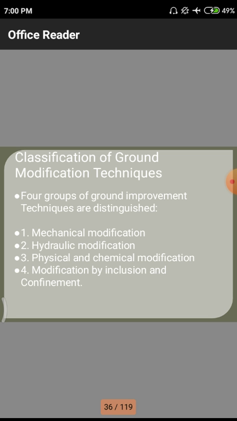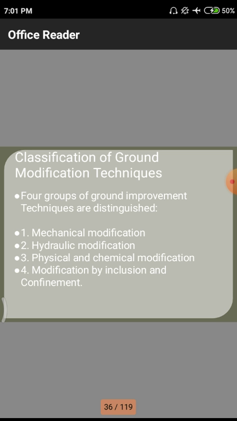We need the soil parameters near our projects, and after knowing them we need to apply modification techniques to improve our soil properties, so we need particular methods for that.